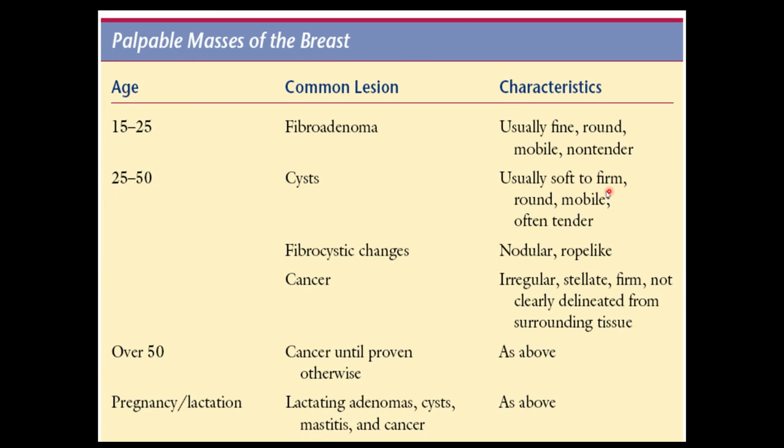Cyst may be usually soft, firm, round, mobile, tender. Fibrocystic changes, you will see nodular appearance of the breast, a rope-like appearance. Cancer may be irregular, stellate, firm, not clearly delineated from surrounding tissue.